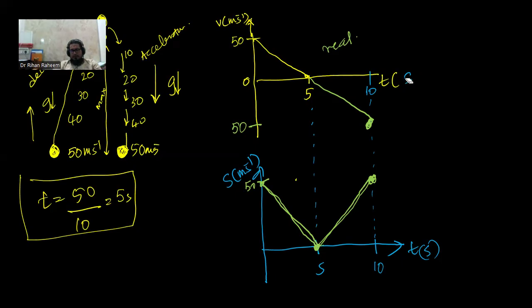Then I will erase these parts because I want to draw the acceleration time graph here. In maths, you have all studied the negative graph, right? But in physics also, it is there.